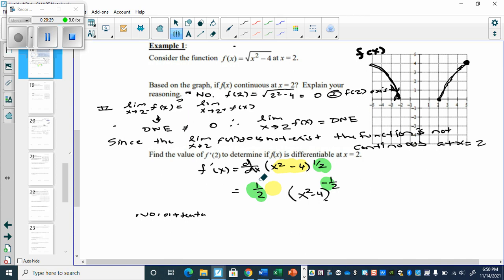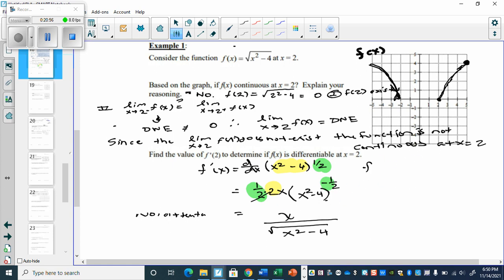Now inside, the derivative of x squared is 2x, and the derivative of -4 is 0. So this cancels, x over the square root of x squared minus 4. Now you can leave it like this, whatever you want to do.